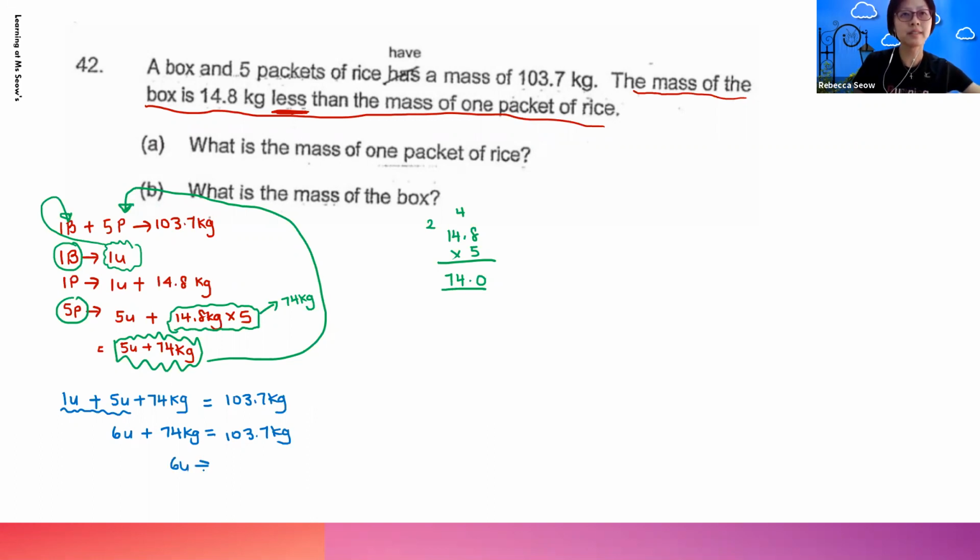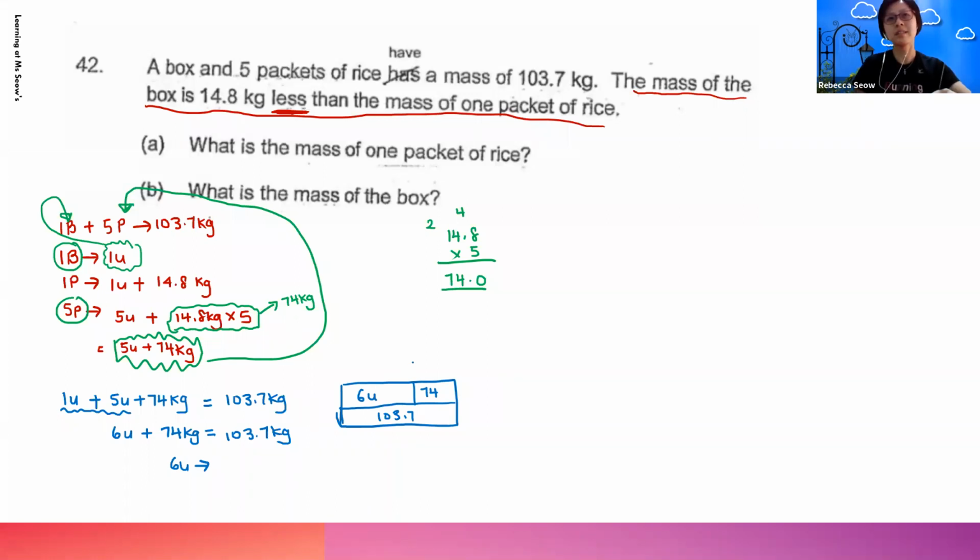6 units gives you, anyone knows what that is? If you're not so sure, let me just show you. 6 units plus 74 kg can be written like that: 6u on one hand, and 74 kg on the other. And this equals 103.7 kg.